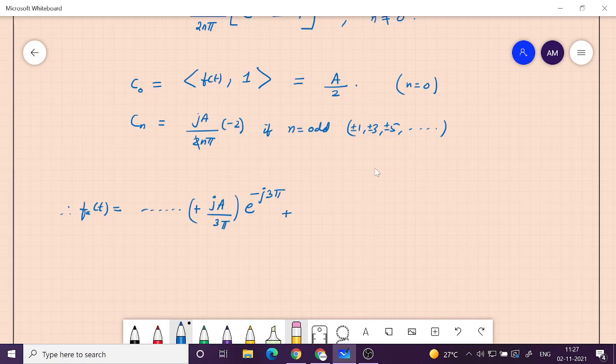Then plus n equal to minus 2, we don't have any value. So that will be 0 e raised to minus j 2 pi, then plus next value, you put n equal to minus 1, so this minus minus will cancel, okay, 2 will cancel here, but minus sign will remain.